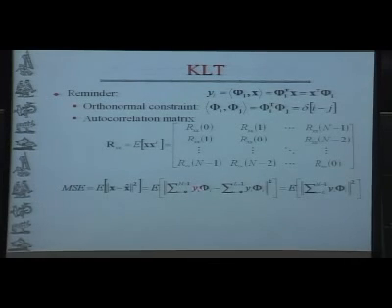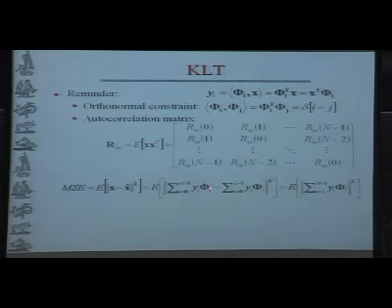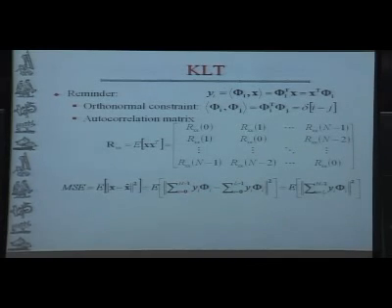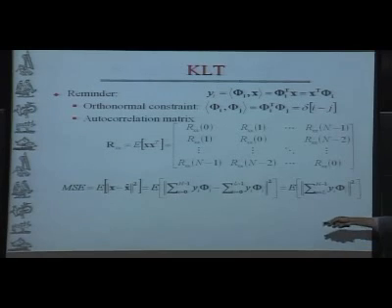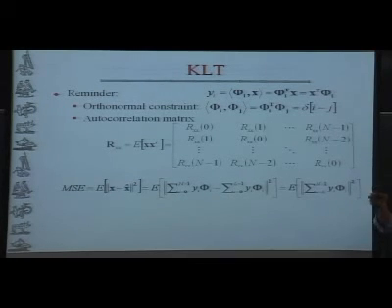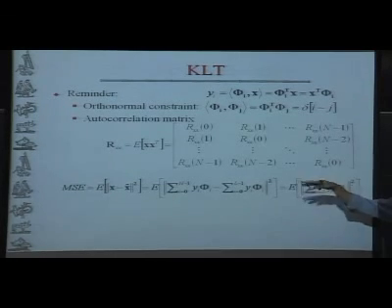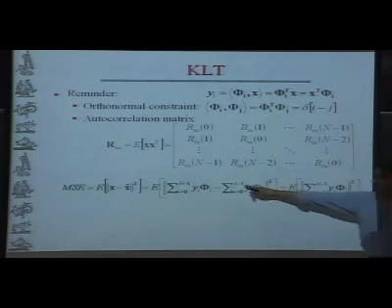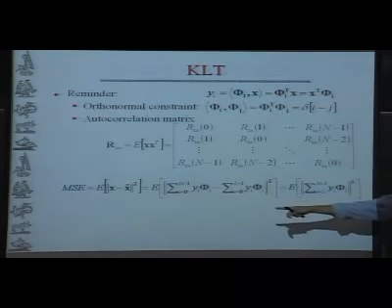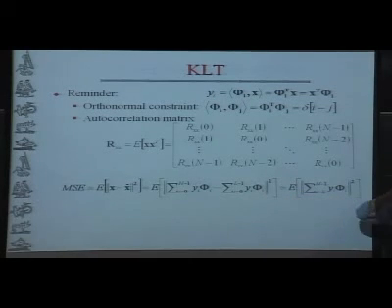So I could write x as the sum of y_i phi_i, where i goes from 0 to n minus 1, which means that I keep every coefficient. But x hat is the truncation. That means you throw away some, and you only keep the first L, and L obviously is much smaller than n. You only keep a few coefficients.